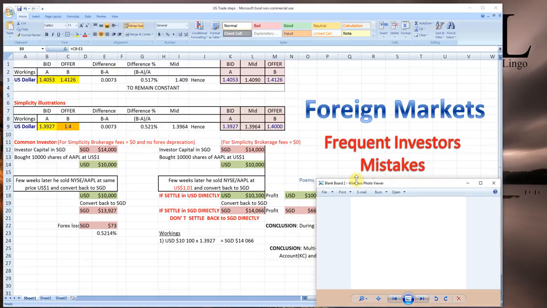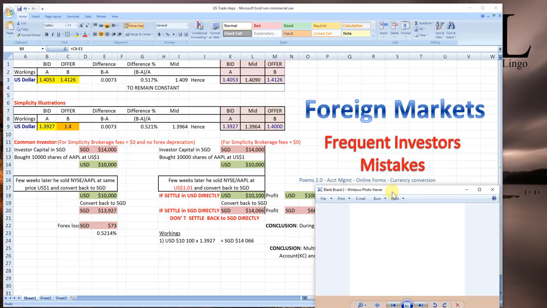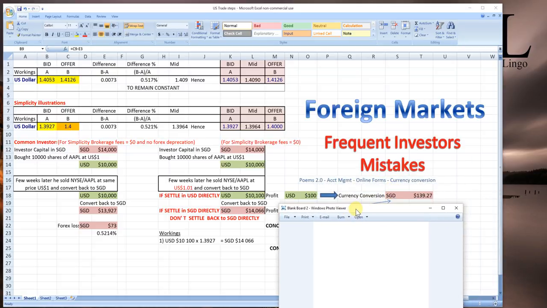What the investor should do is maintain the settlement currency in USD. So he'll get back 10,100 USD in the account. Do not convert it back to Sing. With the $100 USD, he can just do a $100 USD conversion back to Sing dollars later on, and he gets back $139.